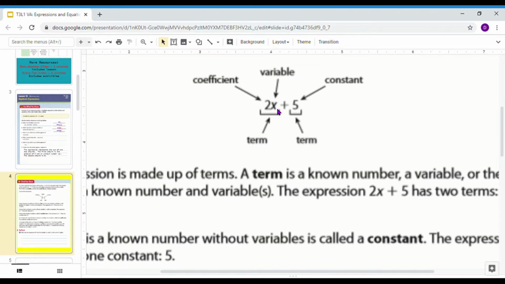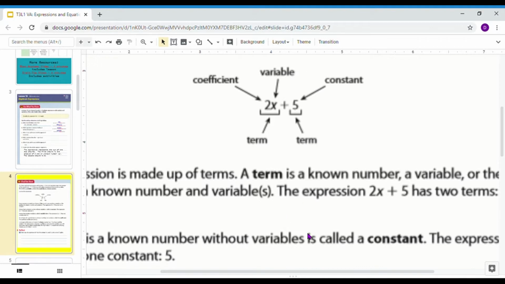So based on the definition, we've got this term right here, which is just a known number, and the second term over here, which is the product, the answer to a multiplication problem, of a known number, which is 2, and the variable x. So this expression right here has 2 terms.